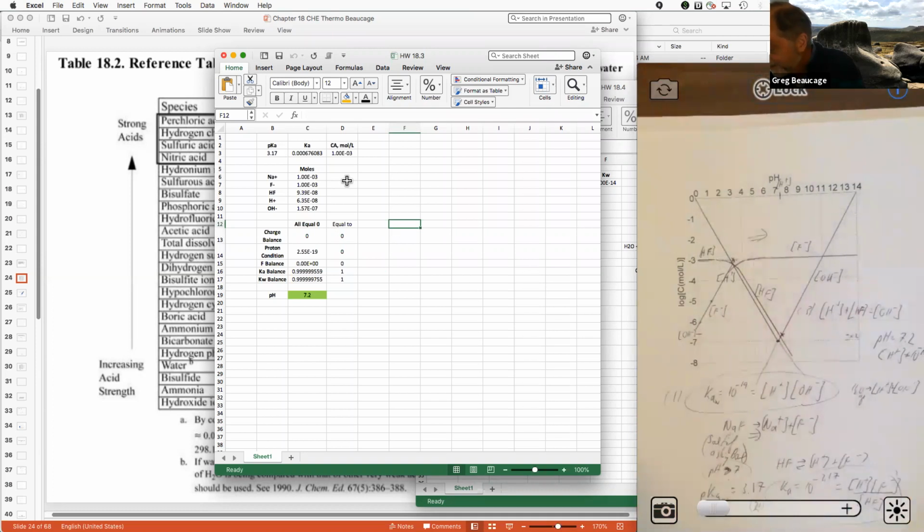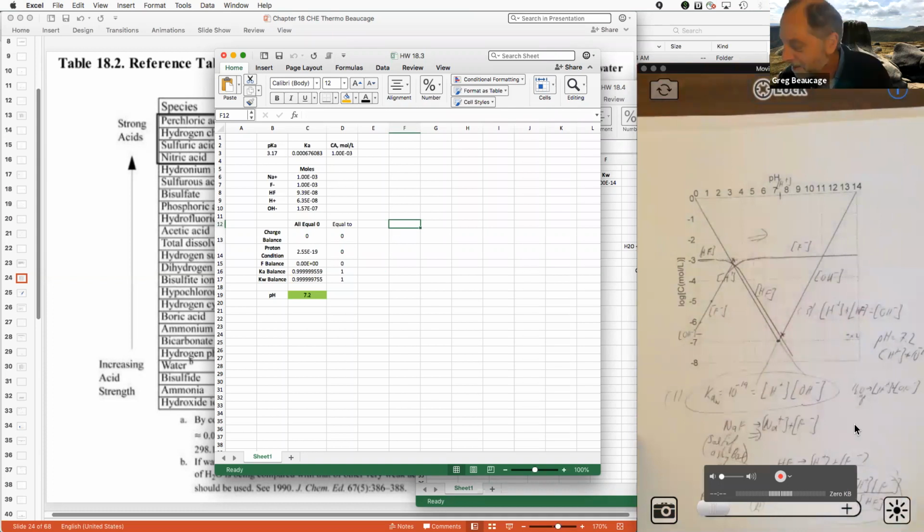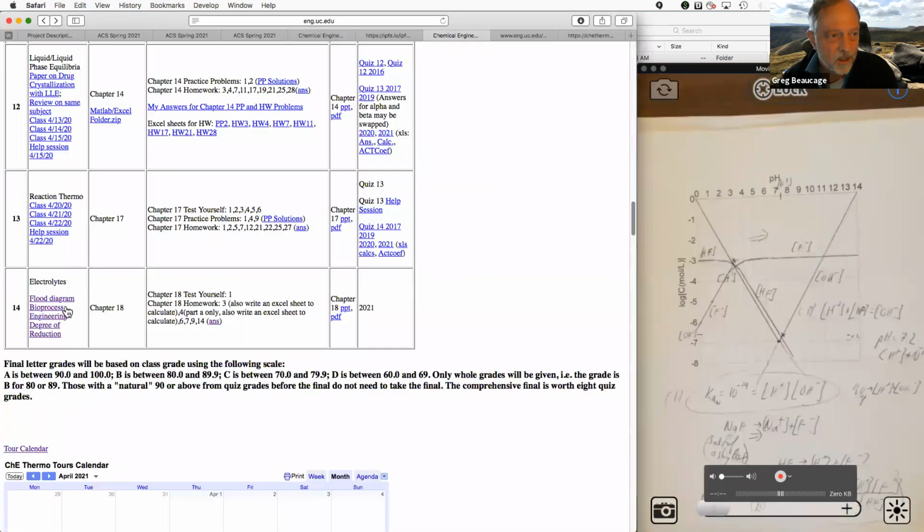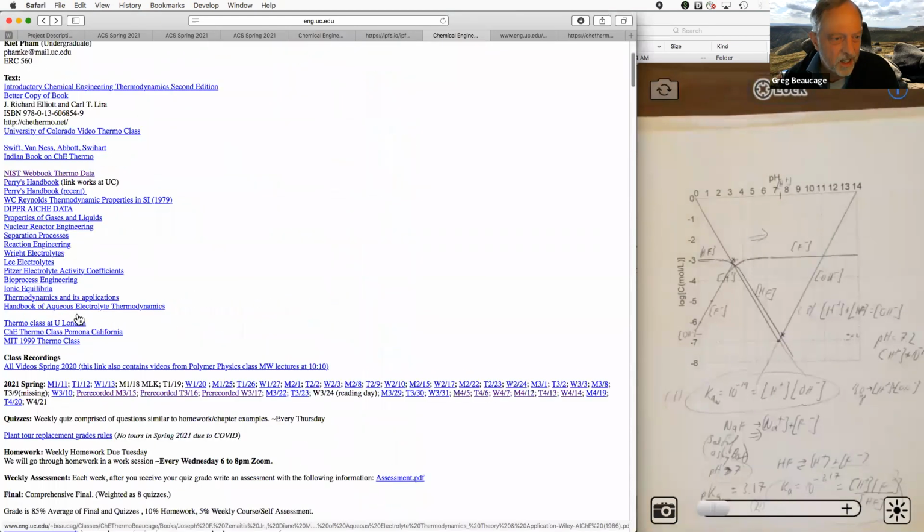I put a bunch of electrolyte books on the webpage. One of them that's really good is this handbook of aqueous electrolyte thermodynamics. It's almost typewritten, so it's an old book, but it goes through industrial processes, like sulfate removal from flue gas and chlorination of water.